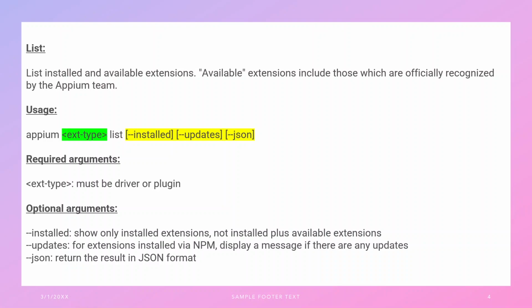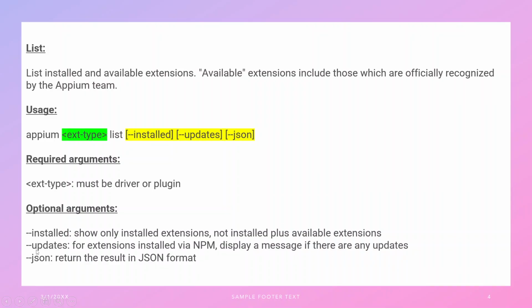And installed, updates and JSON are the optional arguments. If you use the installed argument, you get only installed extensions, not installed plus available extensions. If you use double hyphen updates, for extensions installed via npm, it displays a message if there are any updates or not.